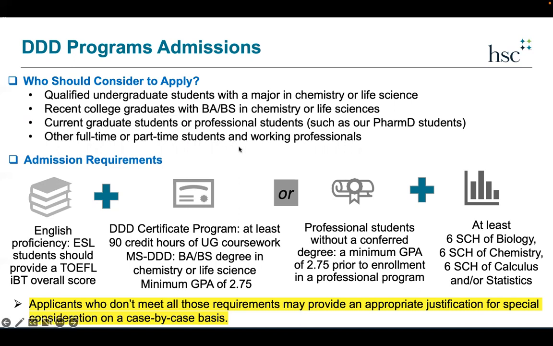We do require the same minimum GPA of 2.75 for every potential student, as well as at least 6 semester credit hours of biology, 6 semester credit hours of chemistry, 6 semester credit hours of calculus and/or statistics in combination. For students from non-English speaking countries, we do require them to submit their TOEFL overall score for consideration.